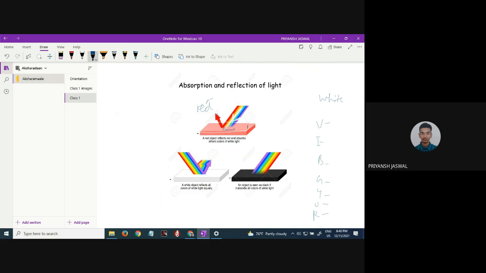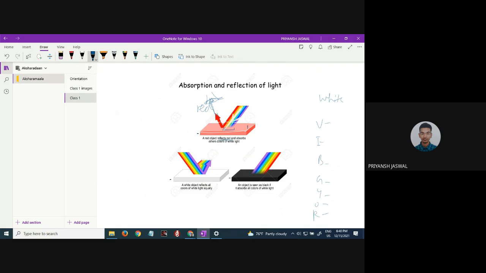So when this color is reflected, our eye perceives this reflected light and forms an image of this object as a red object. Basically, all red objects absorb the other colors of white light and only reflect red light. That is why an apple is also red in color.